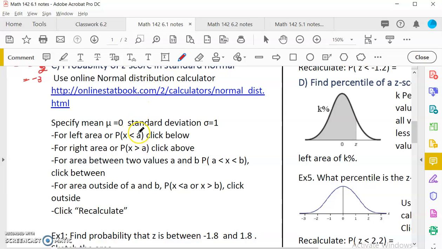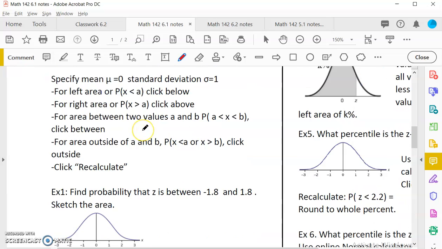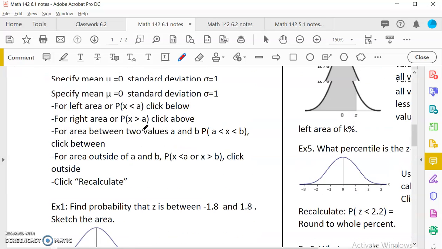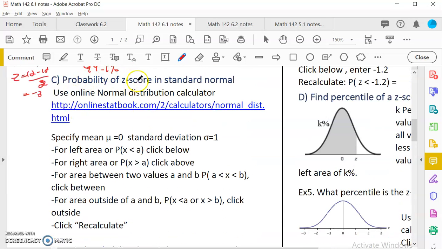The value can be 1.2, 1.34, any z value. And so we would want to find the probability of a z-score in the standard normal. That is the area outside, to the left less than A or greater than A.